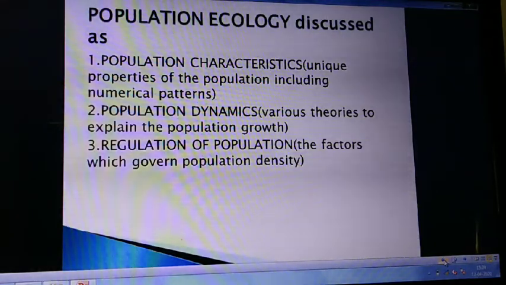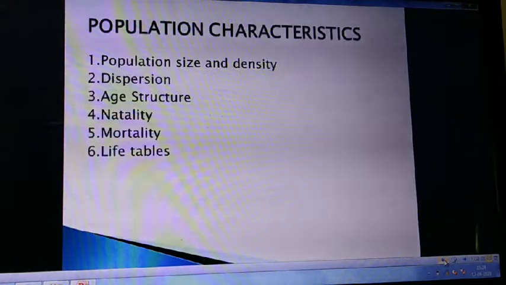And then population dynamics, various theories that are propagated for explaining the population growth. Now the third one is the regulation of population, that is those factors which enhance or decrease the population density.